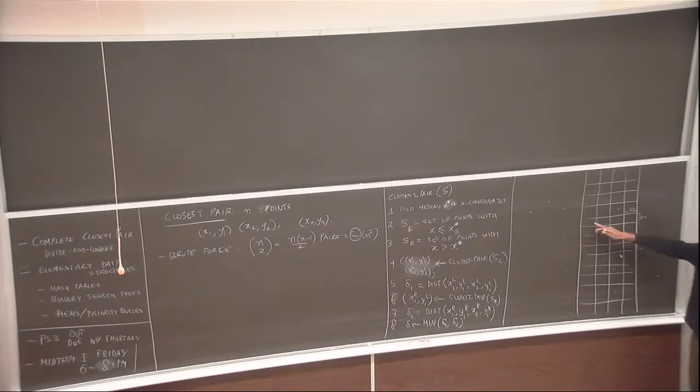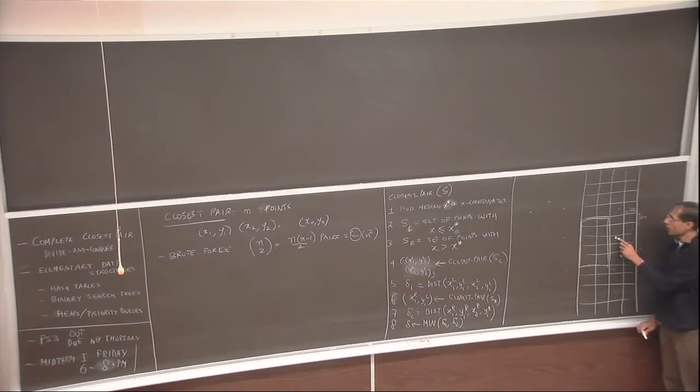Something like that, maybe not that one, that one. So for each point we identified at most 10 other cells. So for this point, for example, we said the only possibility is in this region. Is that clear? So how many points do we have to compare this point with? At most 10.